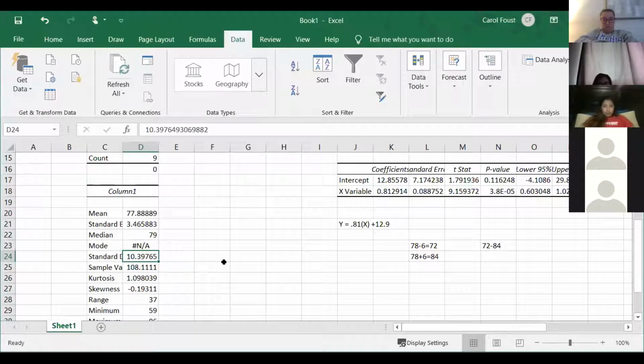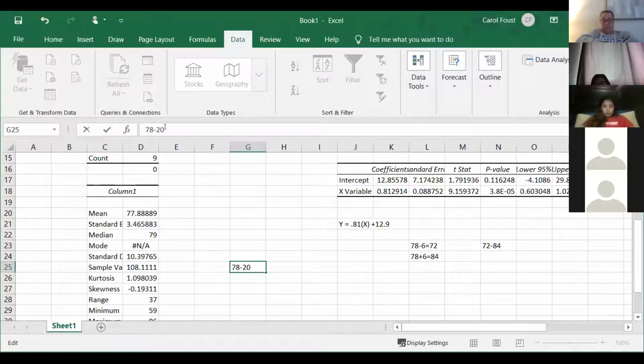So my range of scores for the final would be 78 minus the standard deviation times 2, so that's 20.8. So 78 minus 20.8 equals 57.2.